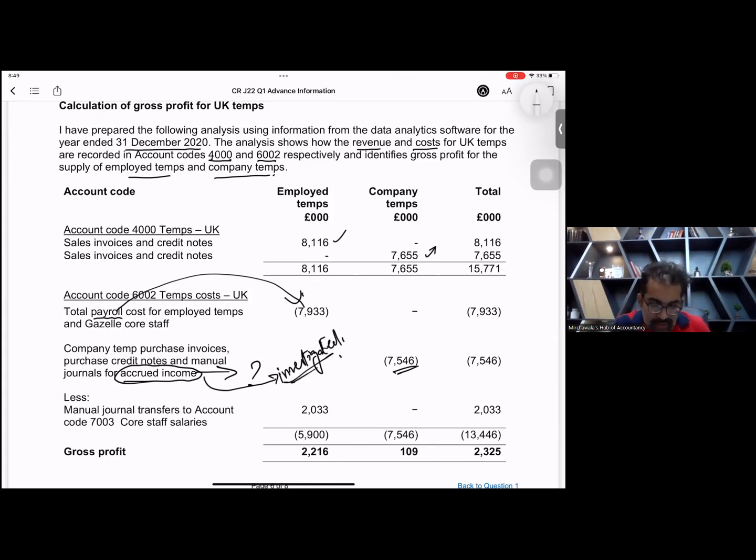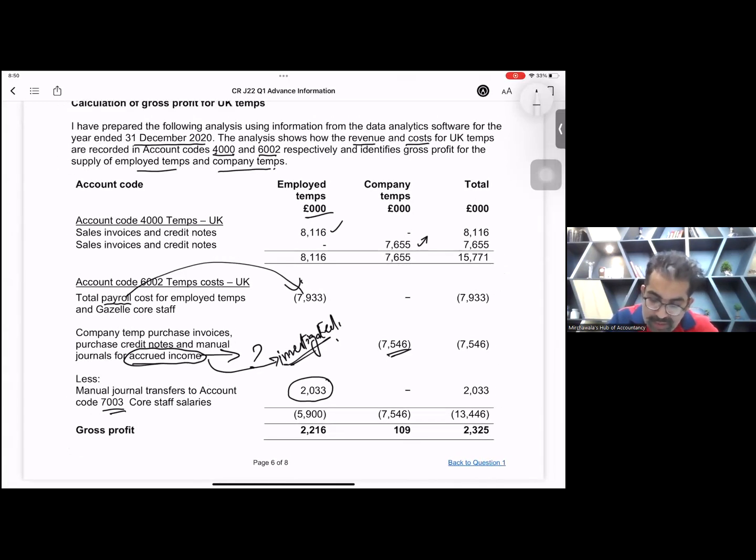Now less manual journal transfers to account code 7003 core staff salaries. So let us say these are your staff salaries, 2033, basically 2033 with three zeros. So you can calculate your last year's salary per employee as well.